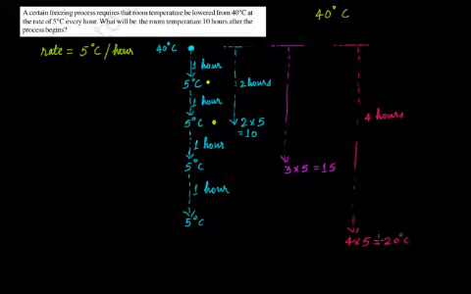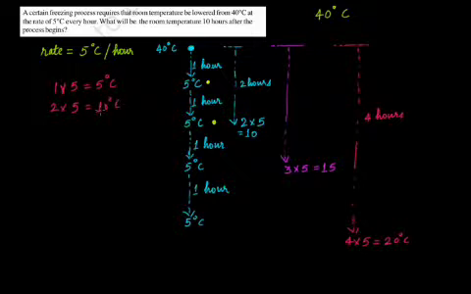So by the end of 10 hours, how much will the temperature get dropped? If you follow the same pattern, for the first hour it was 1 times 5, that is 5 degrees Celsius temperature drop. For 2 hours it will be 2 times 5, that is 10 degrees Celsius.